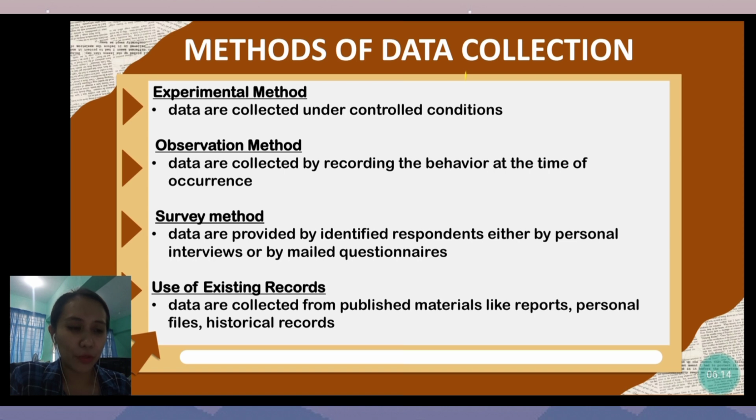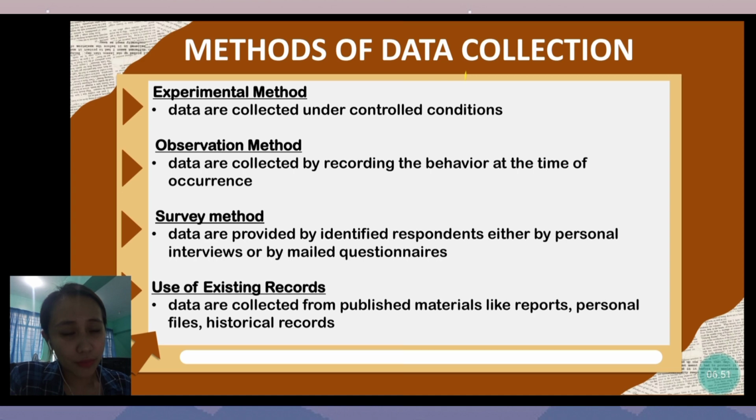For example, you will be asked to observe a certain plant that is placed outside, under the sun, and another plant that is placed inside the classroom. Those plants will be left for a week, then after a week, you will see the differences between both plants. So that's experimental.